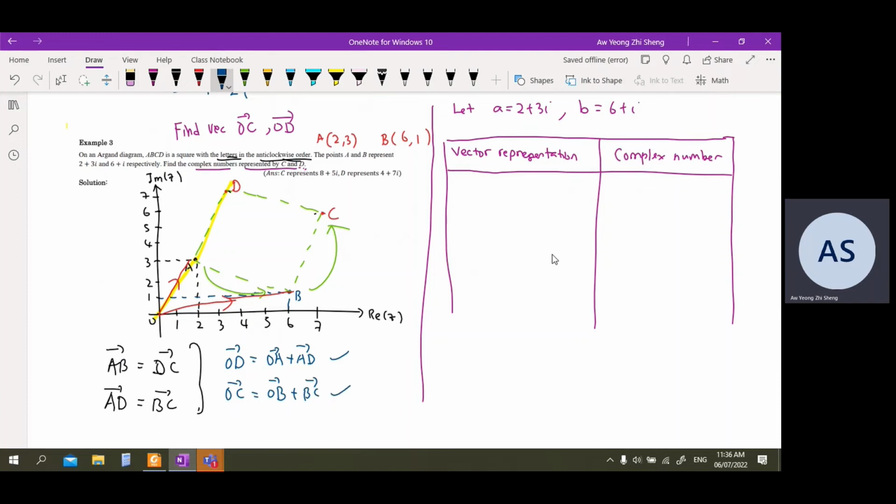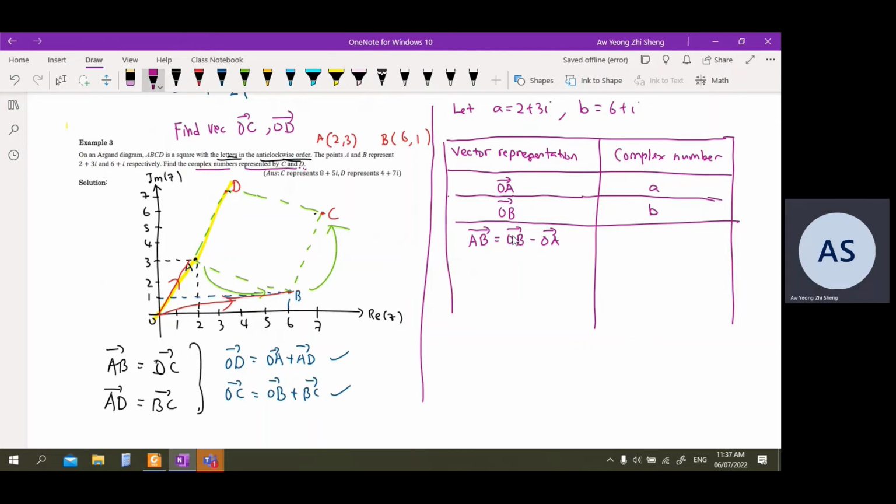Now, with all those in mind, let's complete the table in purple color. I'll start with the known vectors OA and OB. I know that vector OA represents the complex number a, and vector OB represents the complex number b. I just draw a line here so that it's easier to see. Now, I can get the vector AB as OB minus OA, and this is from our knowledge in the vector chapter.